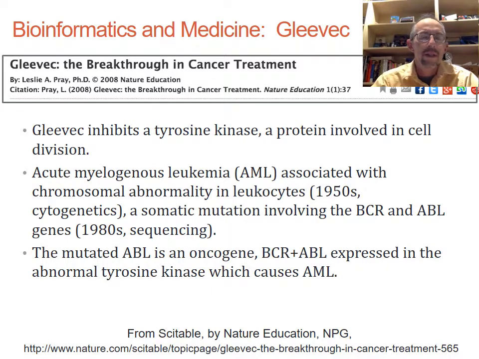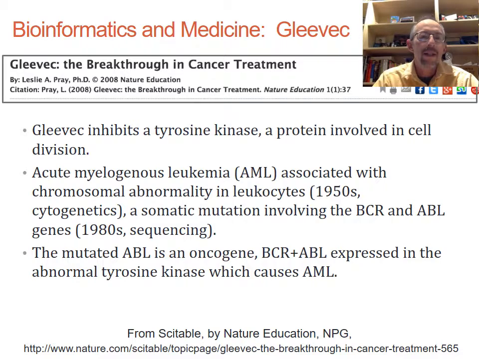The Gleevec story is not all about bioinformatics, and it goes back several decades, but much about the story and how Gleevec was discovered and why it is a great success is related to bioinformatics and genomics, and so it really is suggestive and encouraging.